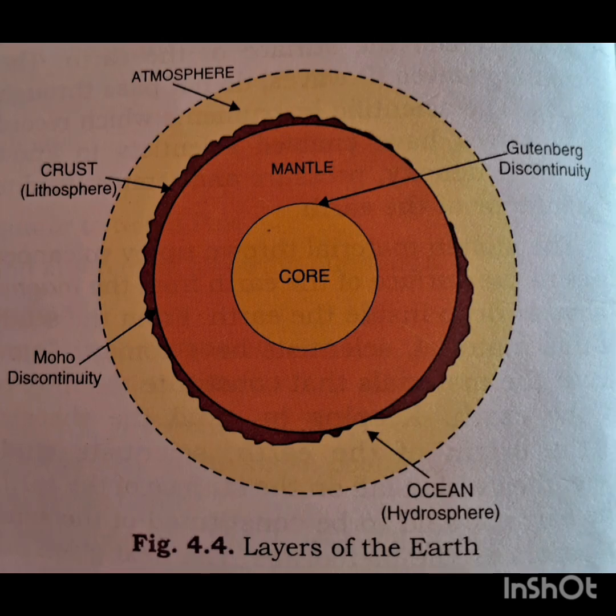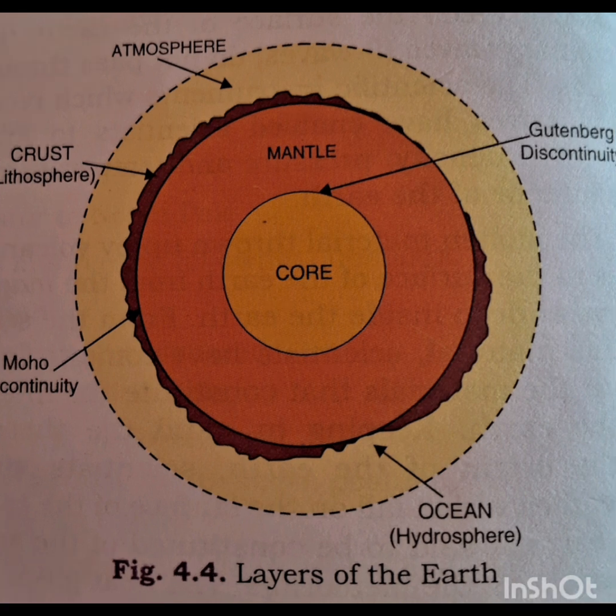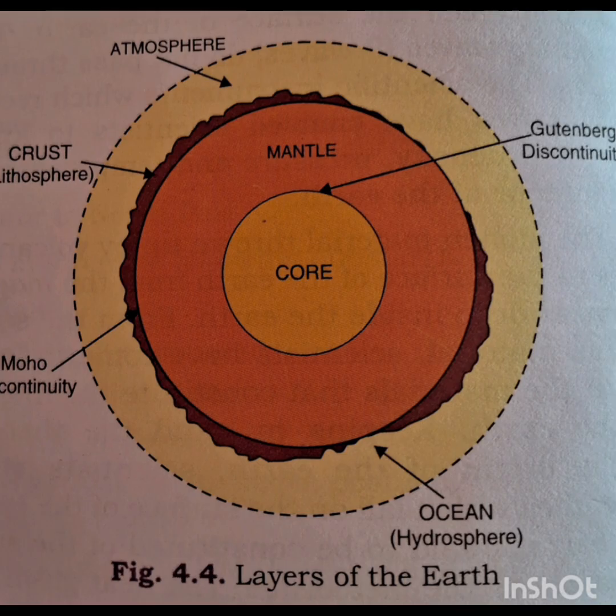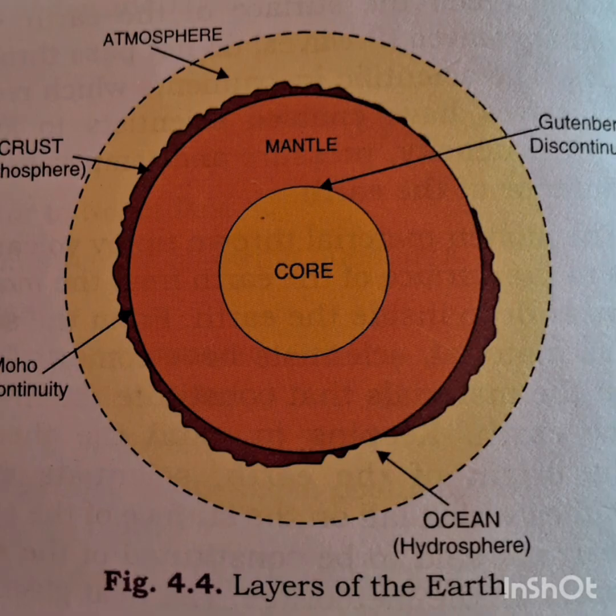So as you go into the central part, it becomes more solid. As the pressure increases towards the interior of the Earth, the density also increases. The temperature varies between 1000 and 3700 degrees centigrade.